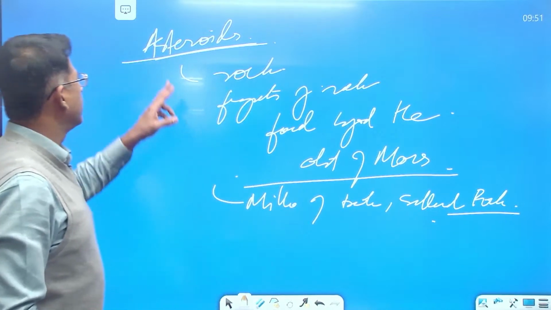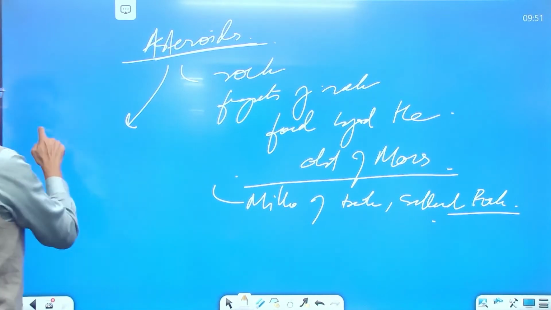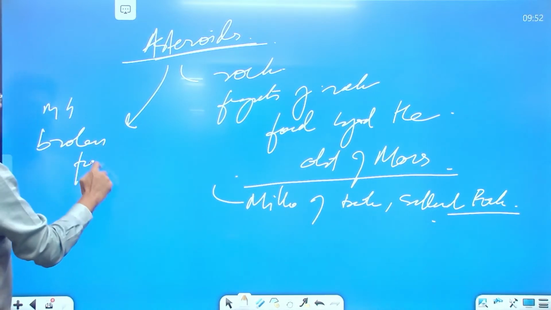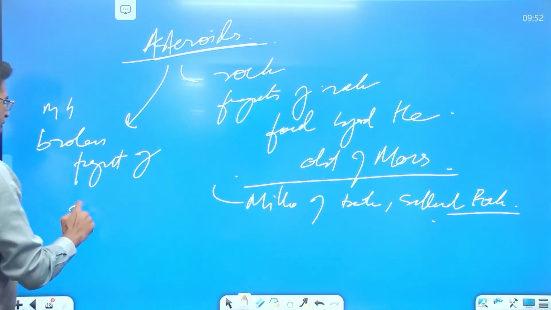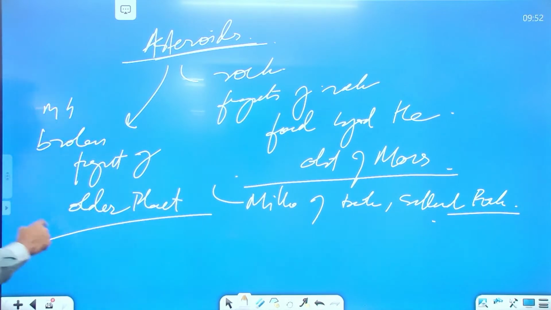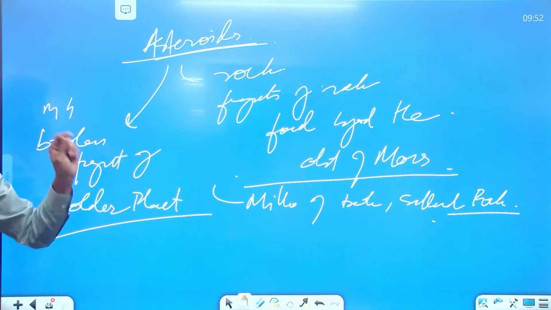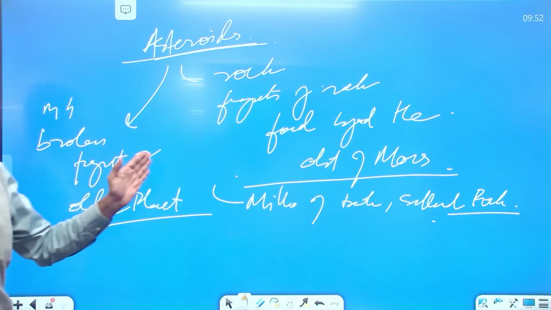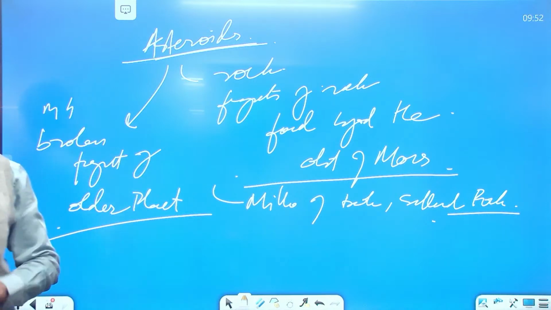Some say the asteroids may be the broken fragments of an older planet. For some reason, a planet may have exploded, a planet may have been destroyed. Those rocks have remained, and they are now moving around in orbit around the sun, and they are found beyond the orbit of Mars. There is an asteroid belt.